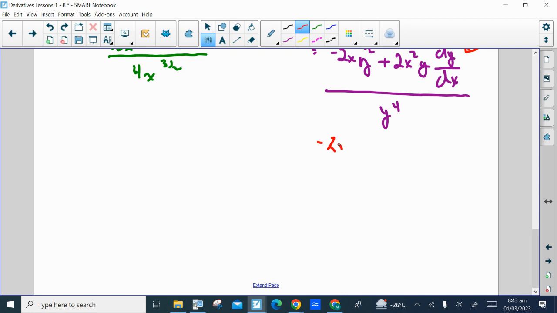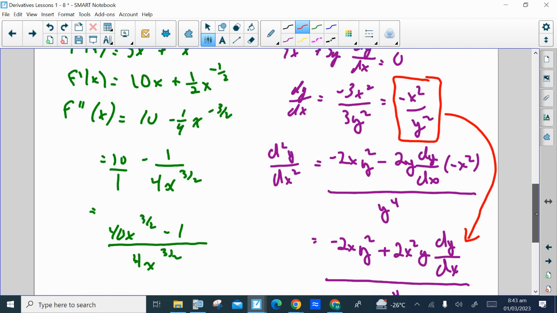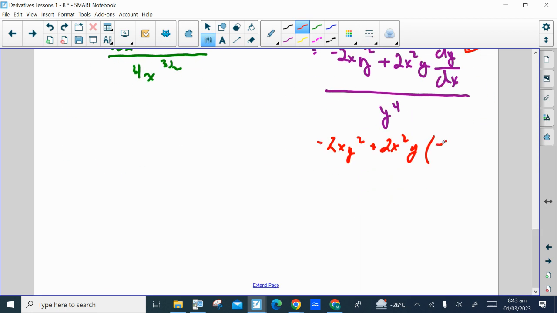So we have negative 2xy squared plus 2x squared y times dy by dx, which we found to be negative x squared over y squared, all over y to the 4th.